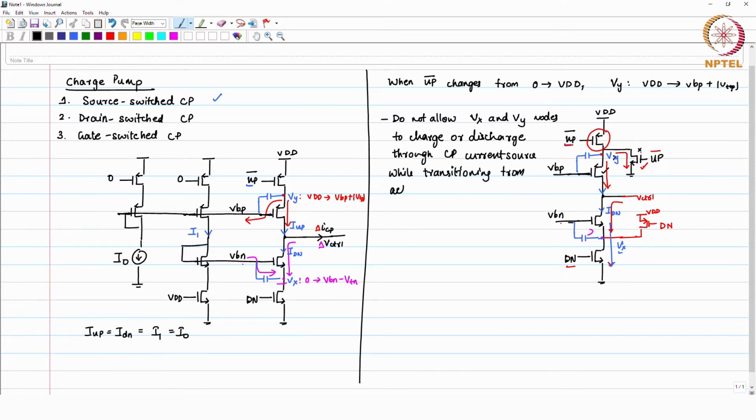From active to inactive state. This you keep in mind. So, whatever helps you to do that, you can do that. This is one of the options.